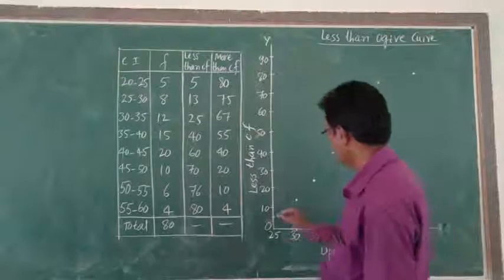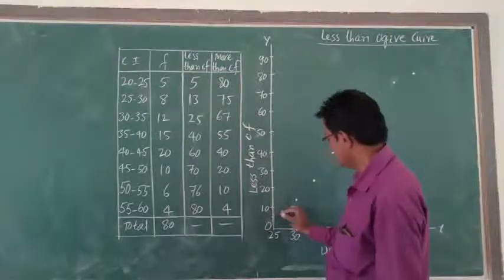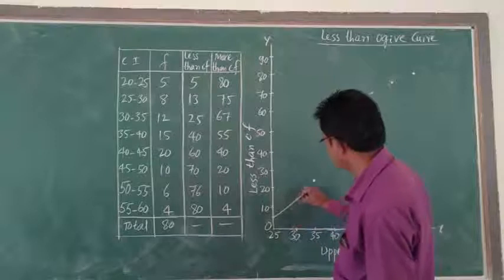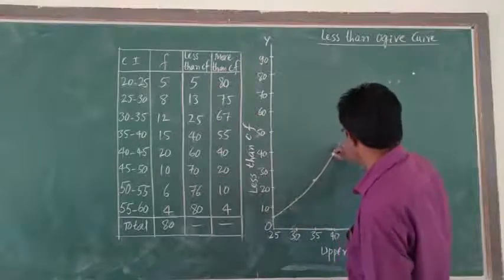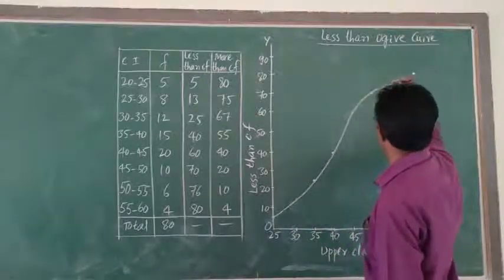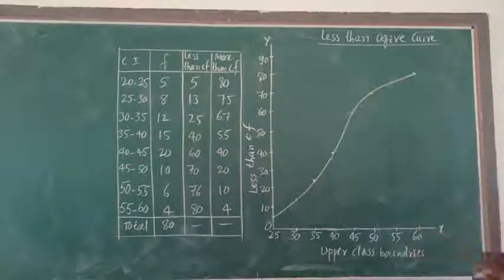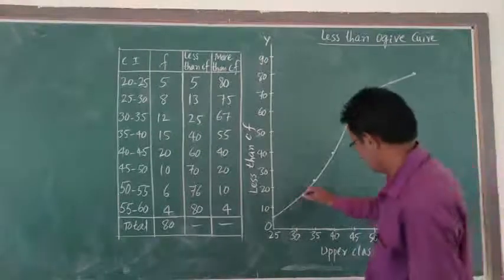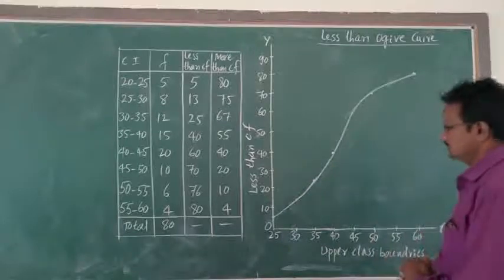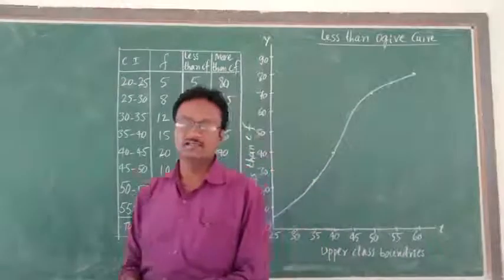And next we have to join all these points by a free hand curve to get less than CF. So it is less than ogive curve.